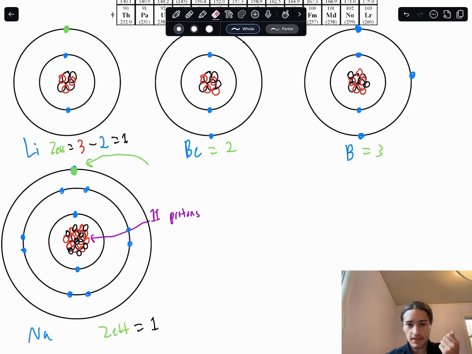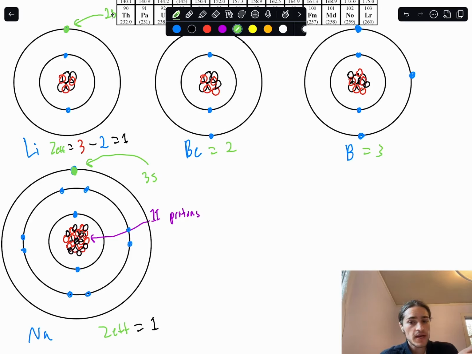Okay, and the main reason for that is simply the distance, right? So here, we can actually be precise about where the electrons are. This lithium electron, its valence, is going to be in the 2s orbital, and the sodium's is going to be in the 3s, which means that the sodium's valence electron is simply further away. It's quite a bit further away because it's in a higher energy orbital.